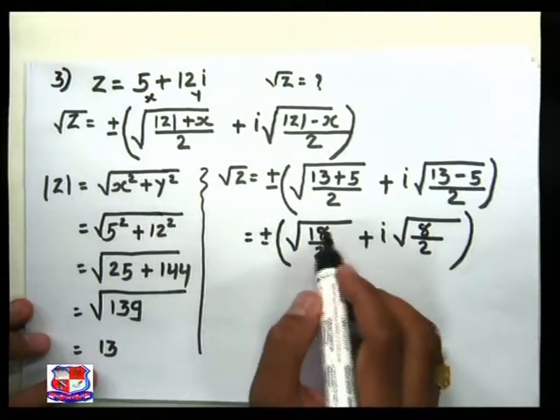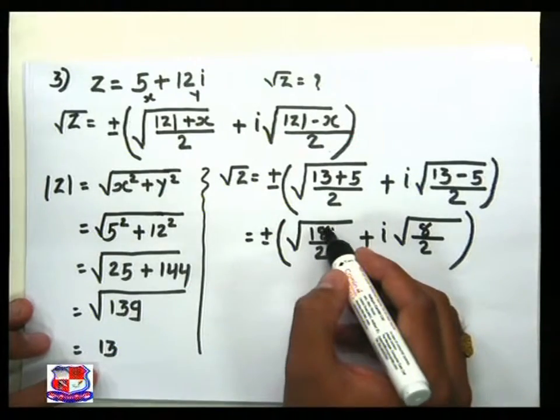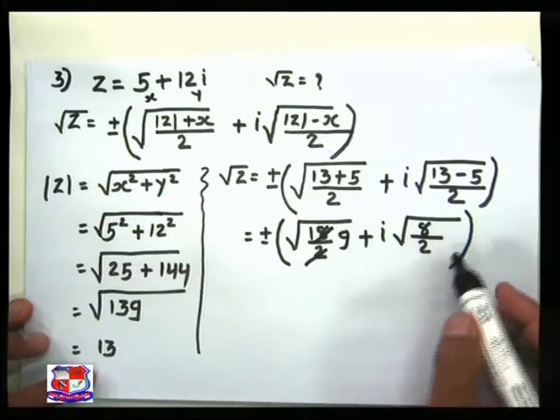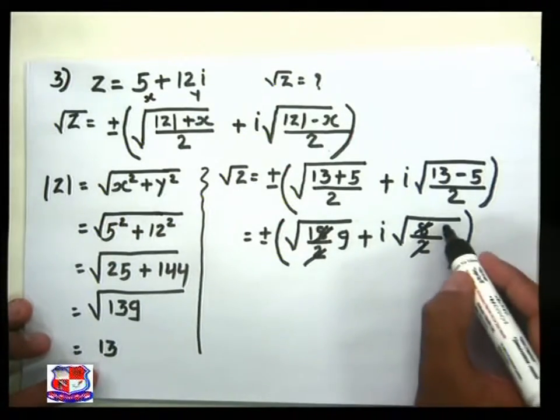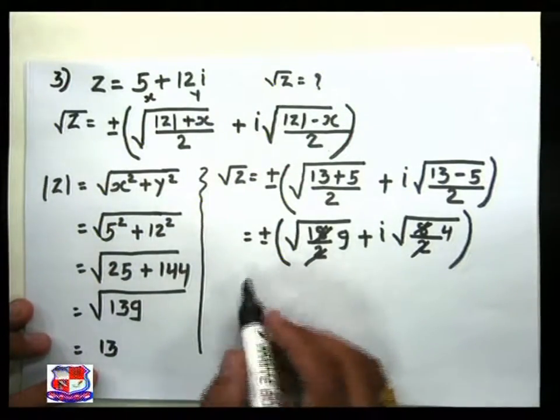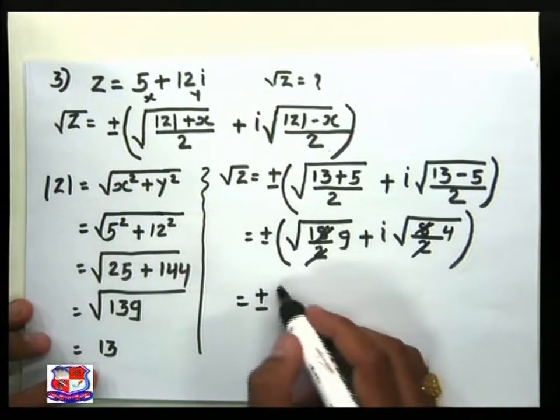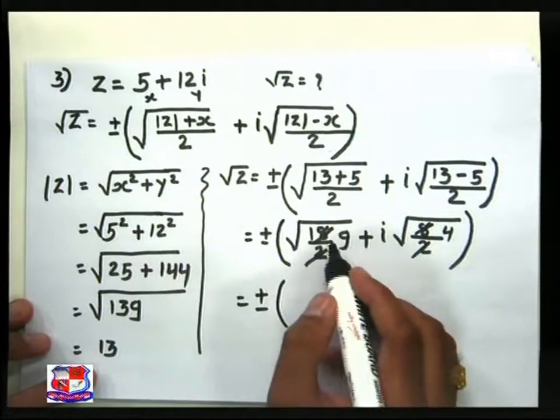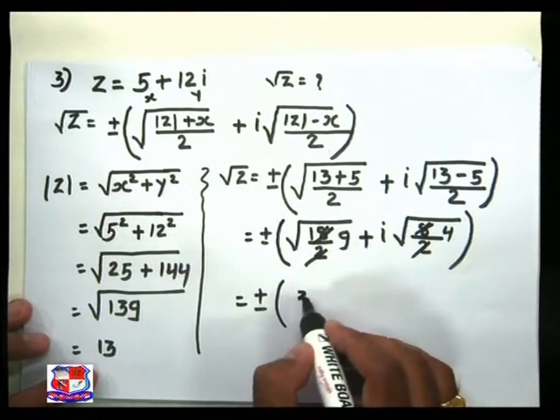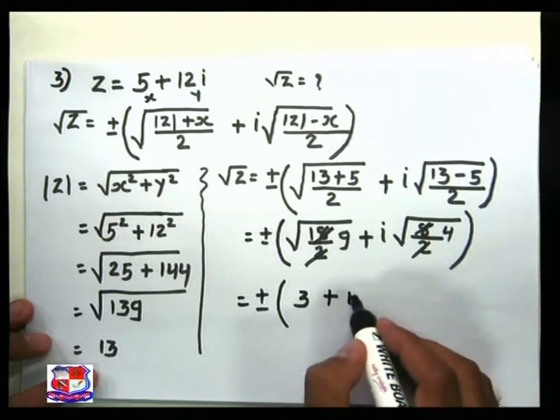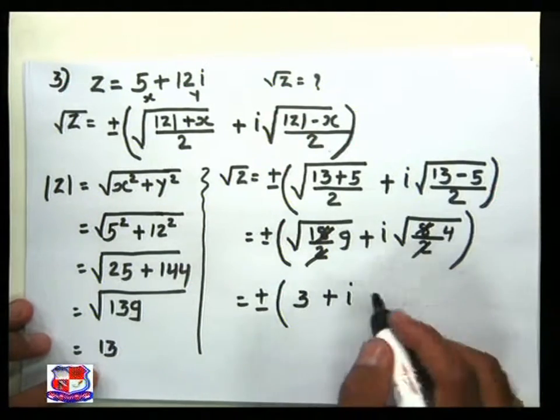Now we simplify our term, here 18 divide by 2, that is 9, here 8 divide by 2, that is 4. So finally we can write plus or minus under root of 9, that is 3, plus sign as it is, i as it is, under root of 4, that is 2.